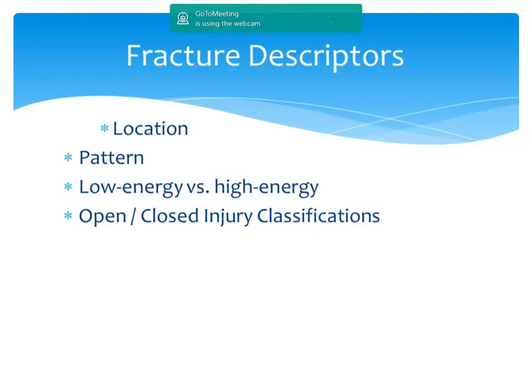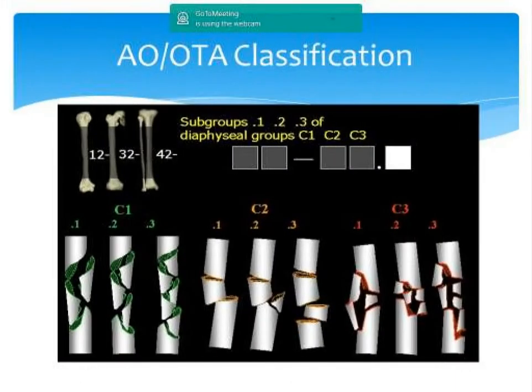These are important points. This is the diagrammatic representation: one part, two part, C1, C2, C3.